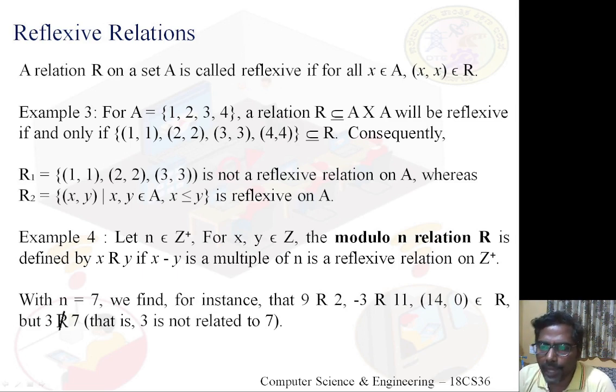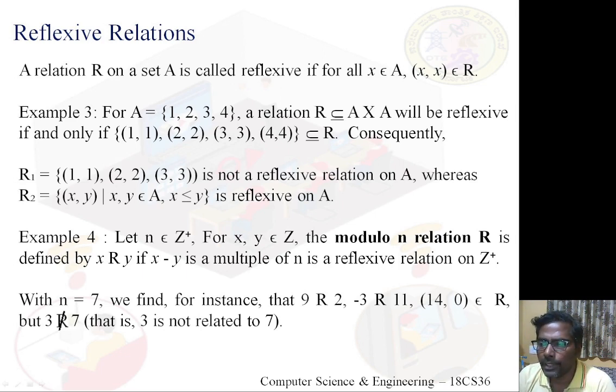Similarly, when you analyze the less than or equal to relation on A, it's always reflexive, because 1 is less than or equal to 1, 2 is less than or equal to 2, 3 is less than or equal to 3, and 4 is less than or equal to 4.